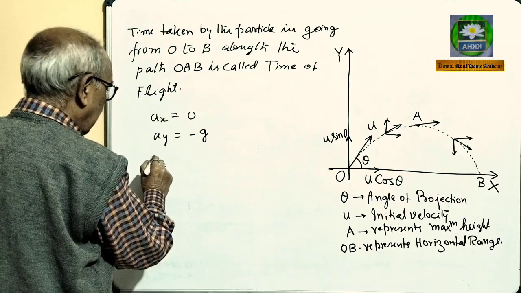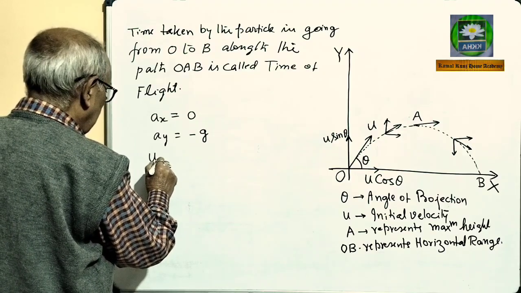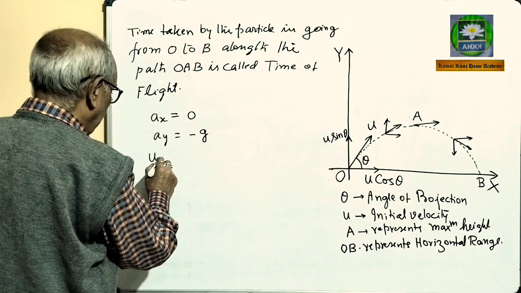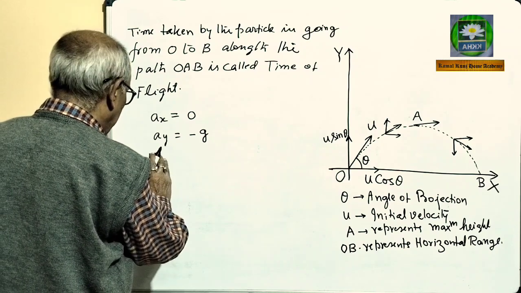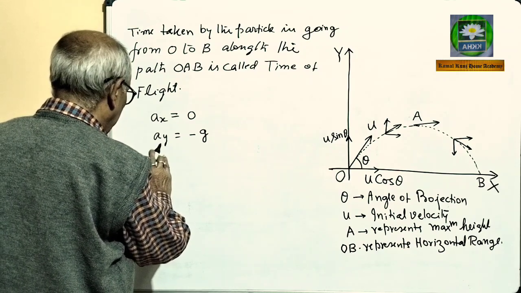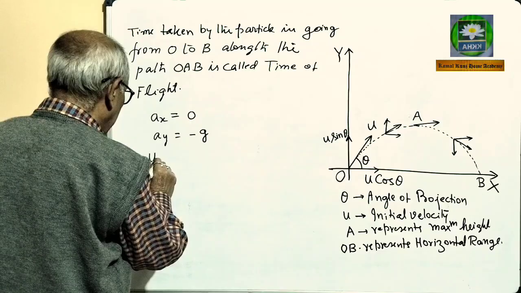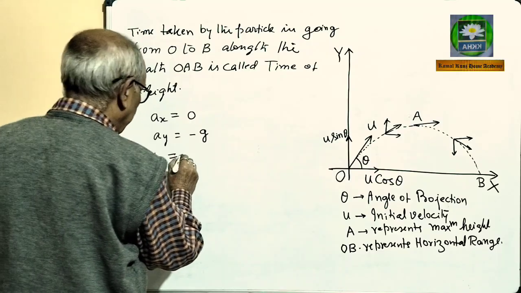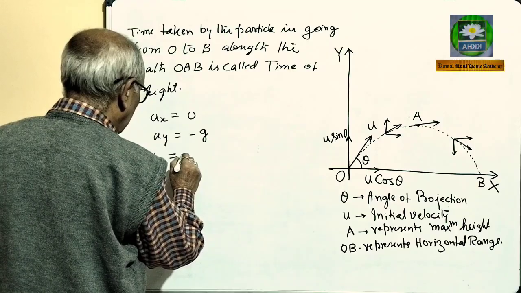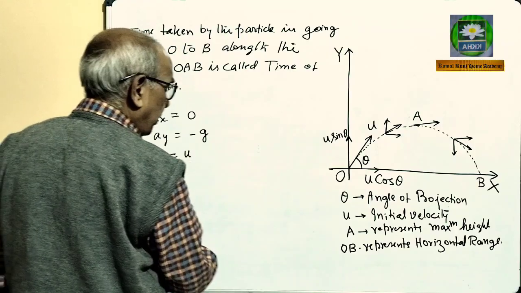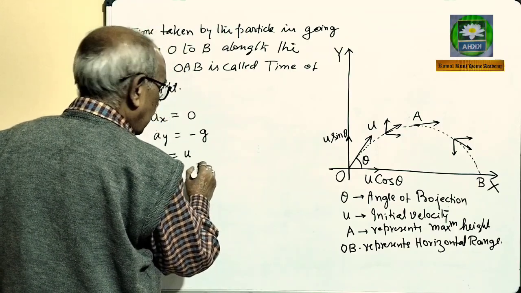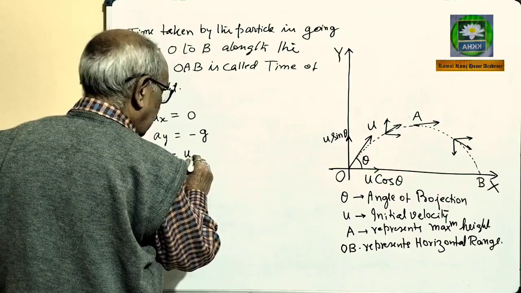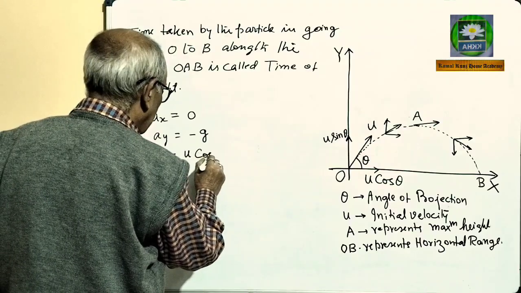And vx, velocity along x-axis, is u cos theta.